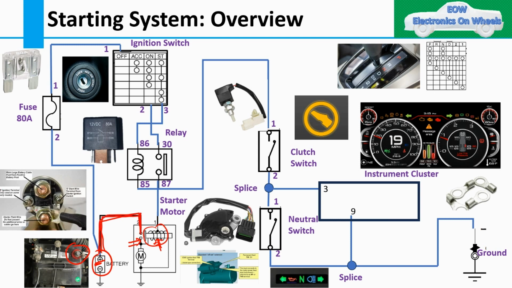If you see here, this is the actual starter motor. There are one, two, three, four terminals, and I will tell you what those terminals are. The second terminal which I have shown you is the main large battery cable from the positive battery post. This is the terminal which connects from the battery to this.